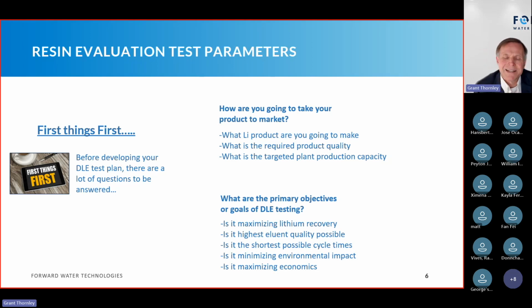But my cycle time could double in order to go from 70 or 80% to 100%. My cycle time, or production time, basically doubles or triples to get there. So maybe lithium recovery is important, but getting shorter cycle times is also important.